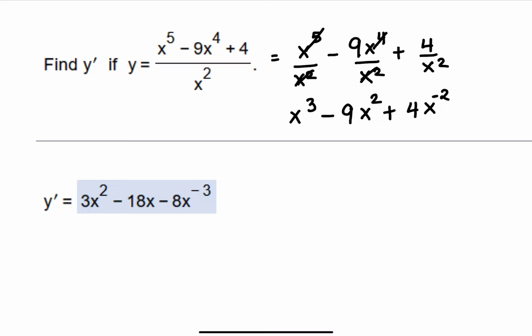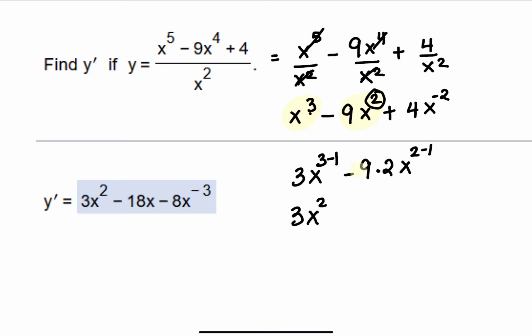Now let's find the derivative of each and every term. x cubed, what is that going to be? It's going to be 3, because n times x to the power 3 minus 1, and that is 3x squared. The next one is minus 9x squared. 9 is a constant, it stays. The derivative of x squared is 2 times x to the power 2 minus 1.